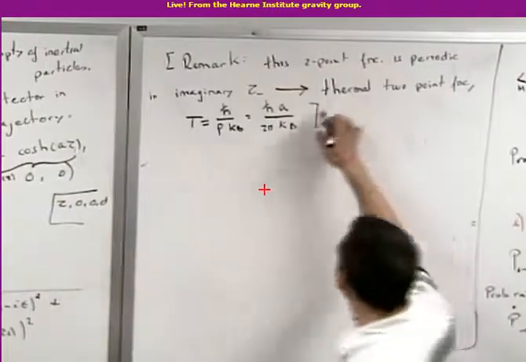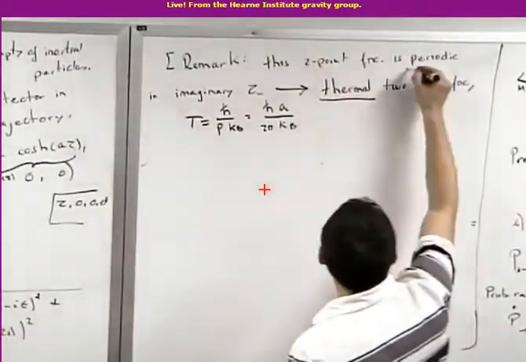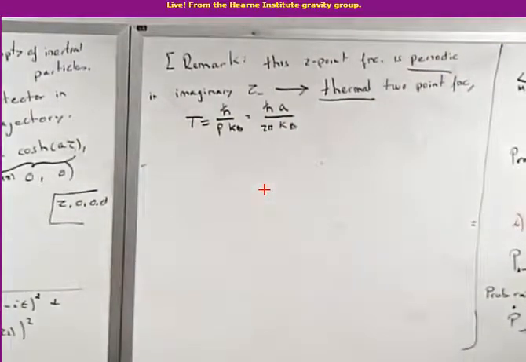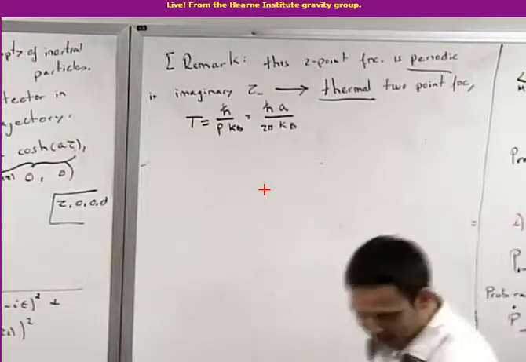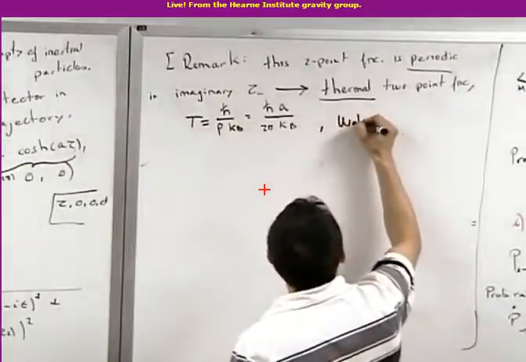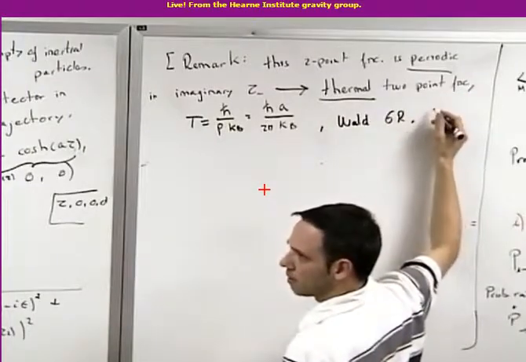The proof of the relation between thermality and periodicity in the imaginary time is non-trivial. The first time I heard that, I was surprised. What the hell has periodicity in the imaginary time to do with thermality? It's not that difficult, it would take me 10 minutes. You can go to Wald's GR book, in the chapter on black holes.